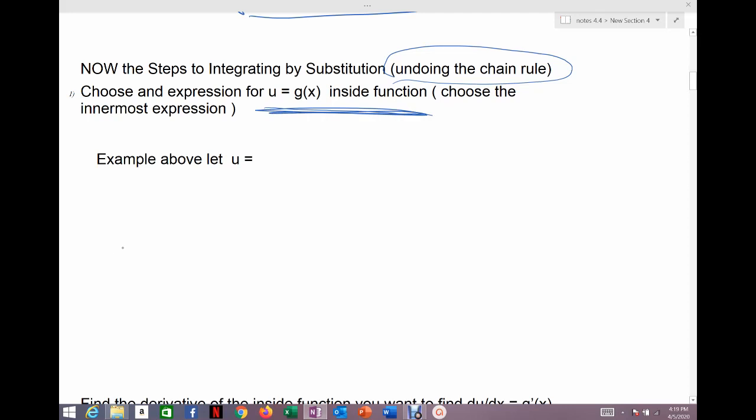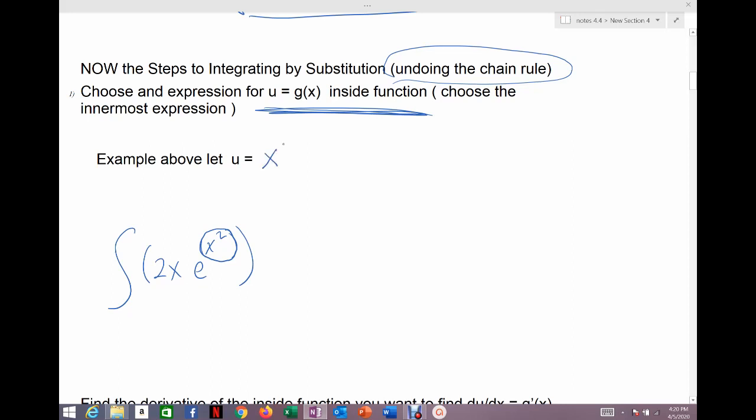In our example, at the start of this page, this x squared is inside the e function. It's the innermost function. 2x is not inside any function. The e is not inside any function. X squared, however, is inside the exponential. And so that's what I want to let my u equal.